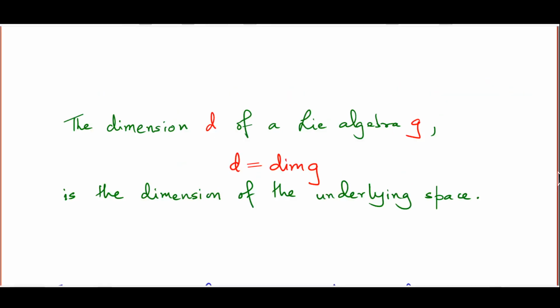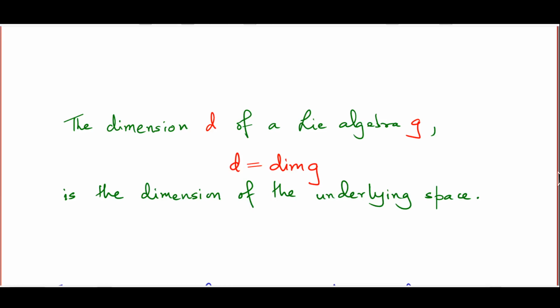Let us now turn to the question of how big a Lie algebra is. Now, except under very unusual circumstances, most non-trivial Lie algebras will have infinitely many elements. So the number of elements is not really a very good way to count or compare two Lie algebras.